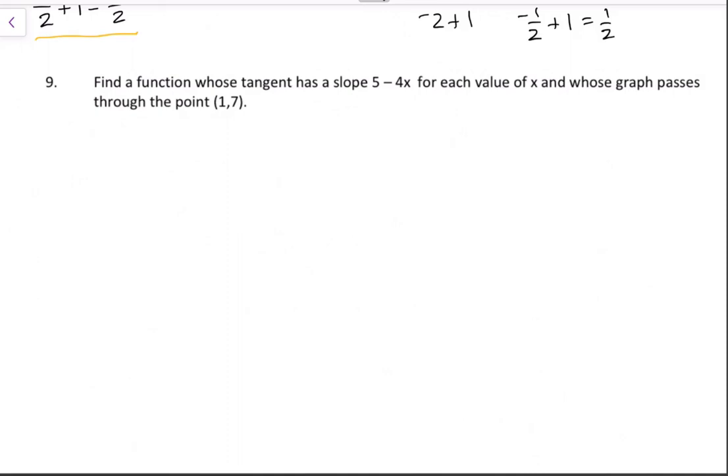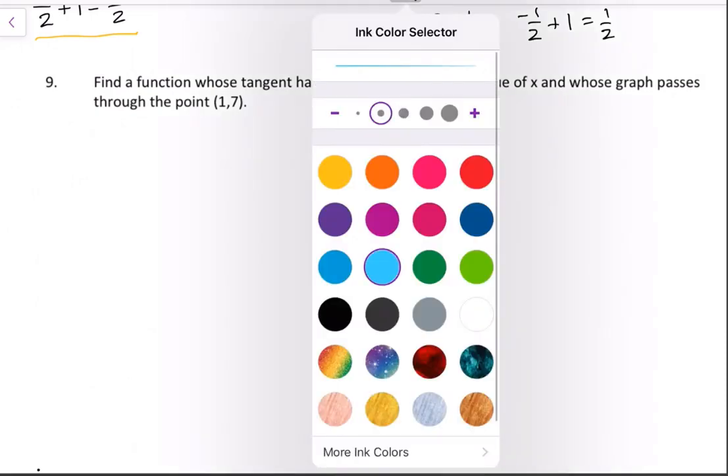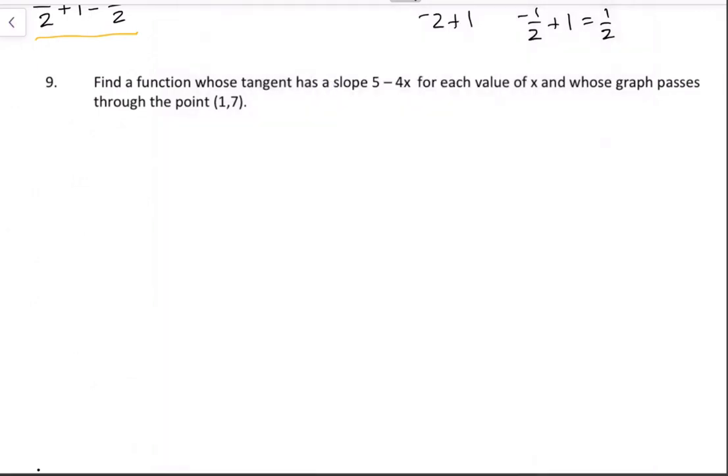So we're working this a little bit backwards. So remember what things mean again. We know that the tangent line has this slope. So remember, slope is a derivative.